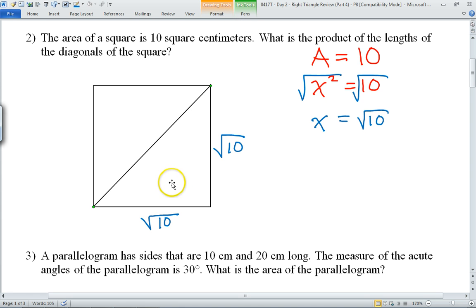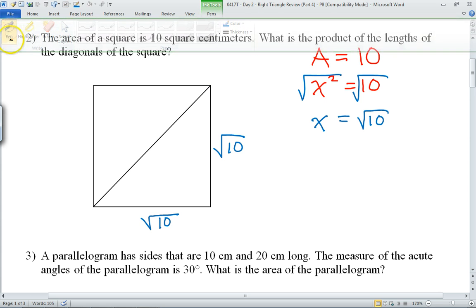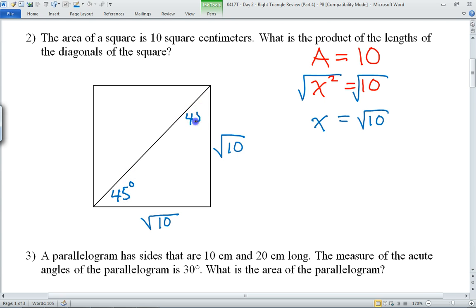Well, since we're splitting up a square, how many degrees are we talking about here? Of course you know that this is a 45, 45, 90 triangle. So based on that, we should be able to use our special triangle rules in order to find the hypotenuse. Now you know that the hypotenuse is leg times radical 2. So like if this was just 10, it'd be 10, 10, and then 10 radical 2. The fact that this is a radical doesn't bother me.